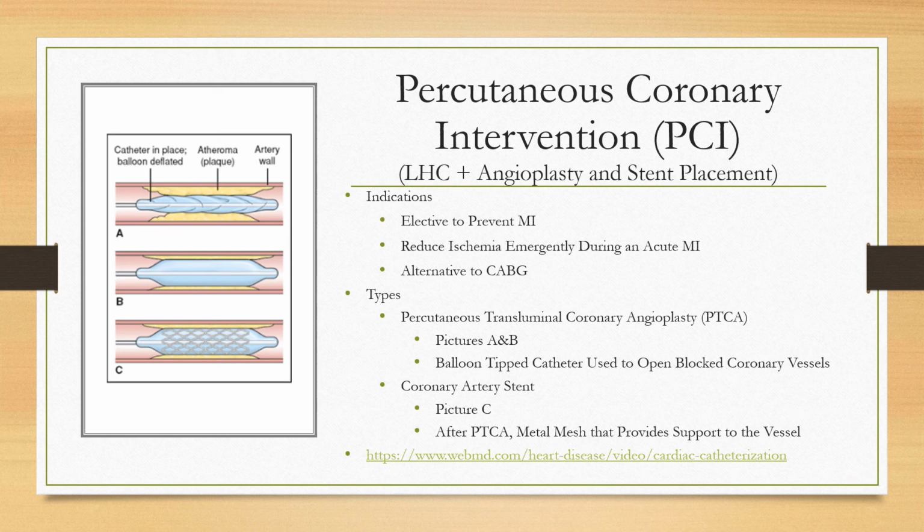Okay, so under types, percutaneous transluminal angioplasty, well, that's the balloon. That's B, right? Just ballooning the plaque out of the way. And then coronary artery stent placement is C, right? So they put this metal stent right across.